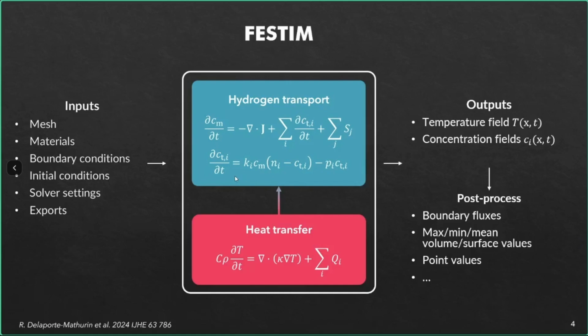This hydrogen transport problem is coupled to heat transfer, and as with any system of partial differential equations, you have to provide some inputs to fully pose your problem. Then with FESTIM you can get the temperature and concentration fields, and also obtain some post-processing on request.